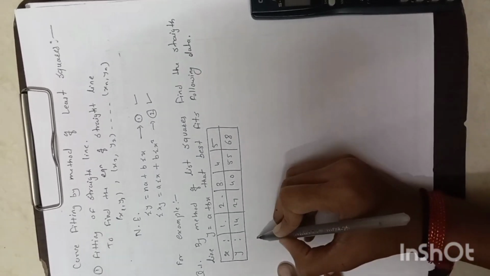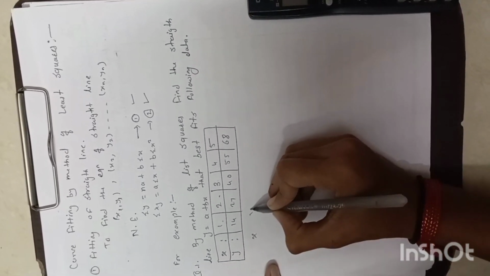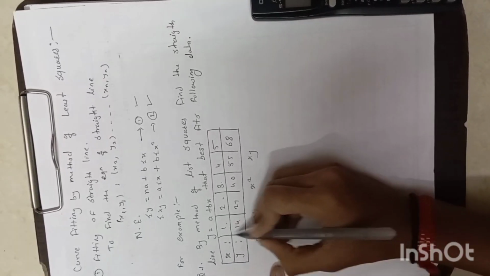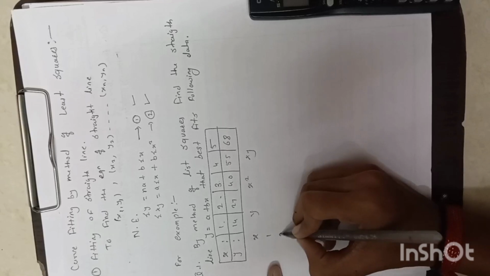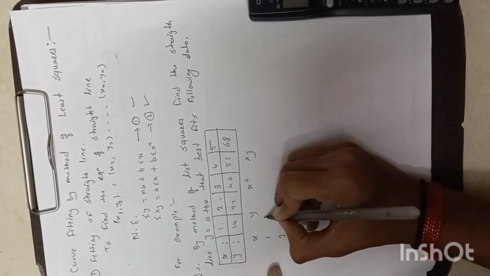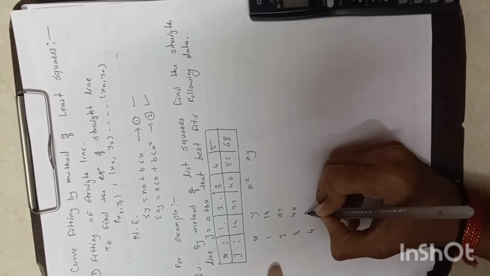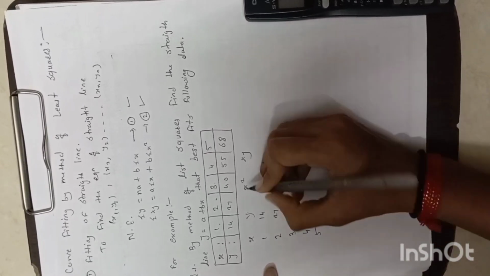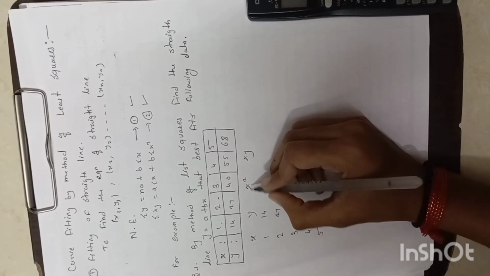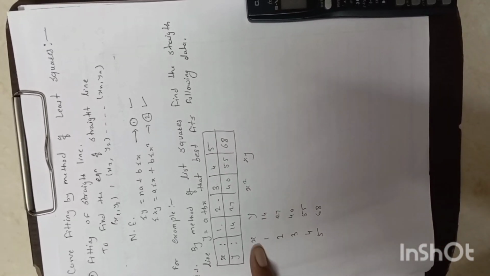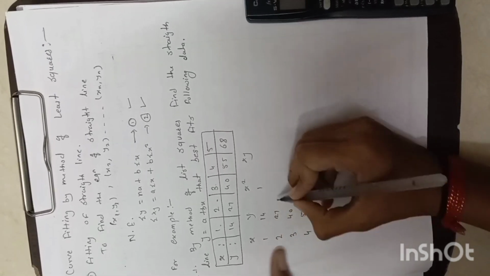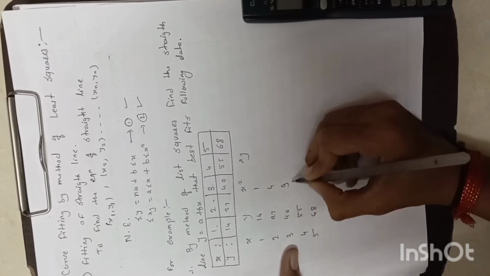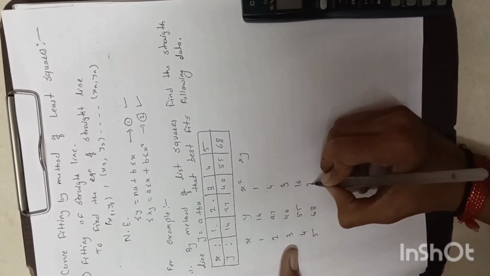First, we will draw a table with columns x, y, x square, and xy. Put in all the values: x is 1, 2, 3, 4, 5 and y is 14, 27, 40, 55, 68. Next, x square means the square of the given data: 1 square is 1, 2 square is 4, 3 square is 9, 4 square is 16, 5 square is 25.